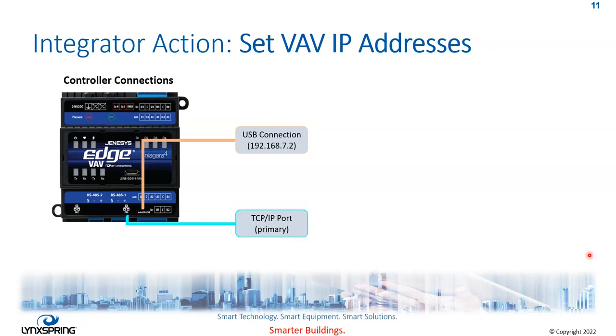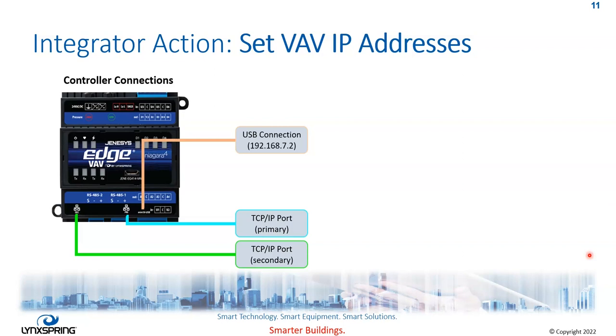Then we have the primary port. This is used to connect via Ethernet. However, determining the IP address is a little bit unique, unlike other edge devices or a JENEsys or a PC8000. The secondary IP port should not be used when connecting directly to a controller.